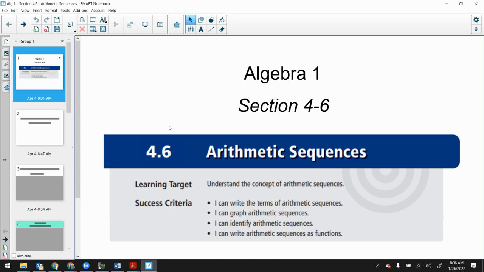Now, it looks like we are going backward into chapter 4. I don't love where the book puts the arithmetic sequence section, because the rest of chapter 6 is all about sequences. Chapter 4 was all about linear functions.